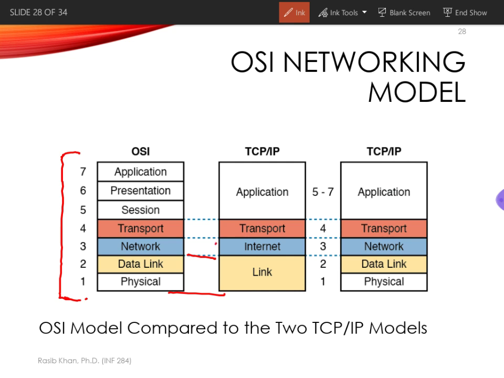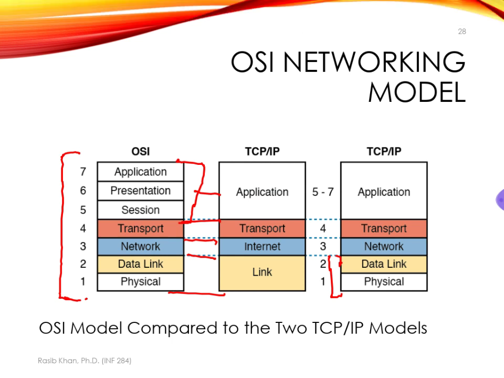The network layer is the same as the internet layer, the transport, and application, presentation, and session is together referred to in terms of protocol implementations in TCP IP. In the newer version of TCP IP, the link layer just breaks down into 2 different layers, the data link and the physical. The remaining parts are the same.